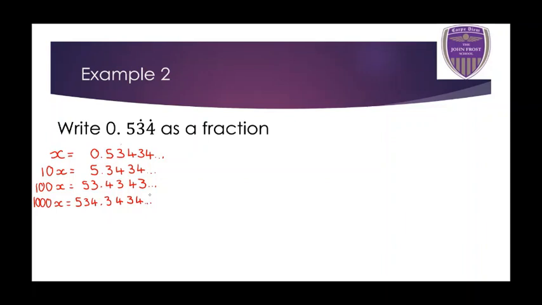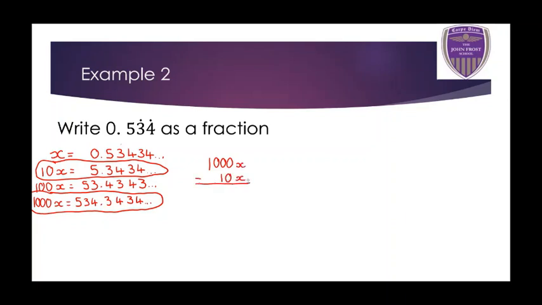Now, I can see the two values of x I'm going to use for this question are going to be 10x and 1000x, because after the decimal point, we've got 3434. Okay, so same method as last time. My biggest x, which is 1000x, I'm going to take away 10x, which will be 990x. Okay, 1000x take away 10x is 990x.